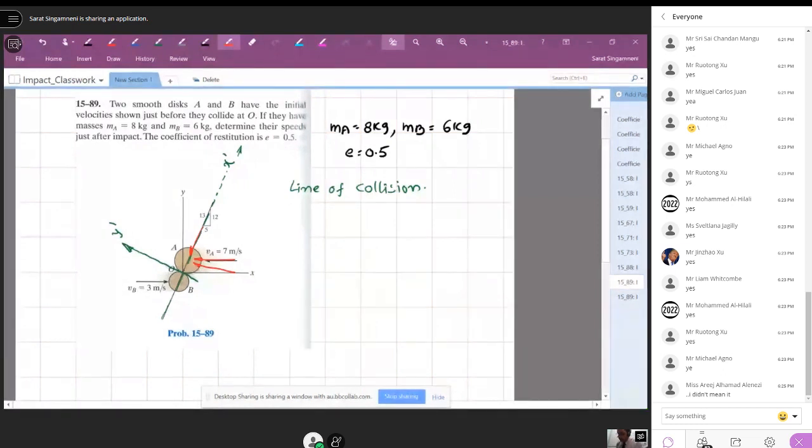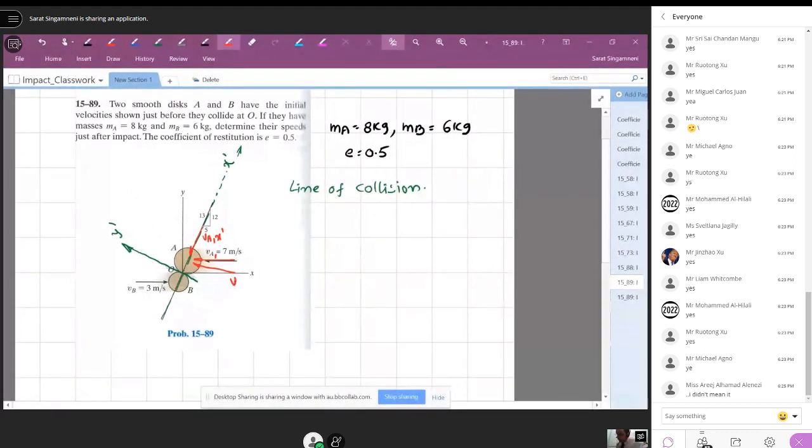Because this is VA1, we call this VA1 x dash. That is the component of initial velocity of A, which is VA1, along the x dash axis.